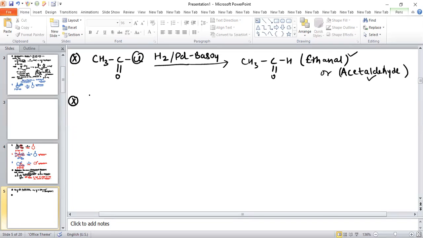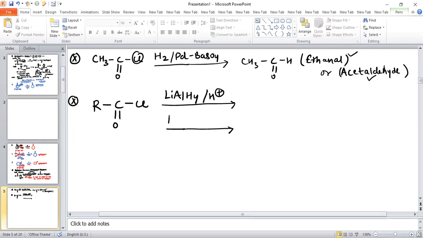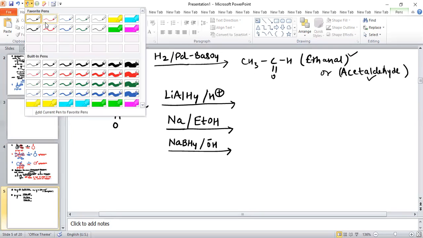If the compound is like R, C double bond O and Cl, and when you use some more reducing agents like lithium aluminium hydride in presence of acidic medium, and when you use sodium in presence of ethanol, also when you use sodium borohydride in presence of OH minus, what happens in this case you can easily identify.